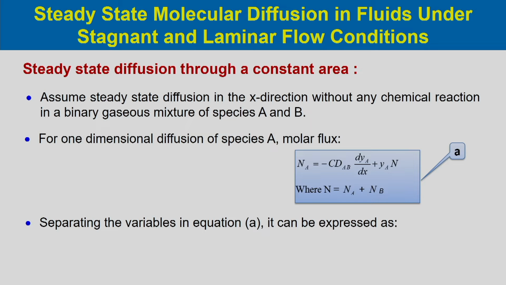Now, separating the variables, this equation can be expressed as minus dYA divided by (NA minus YA N) is equal to dx by C DAB. So, this is equation B.